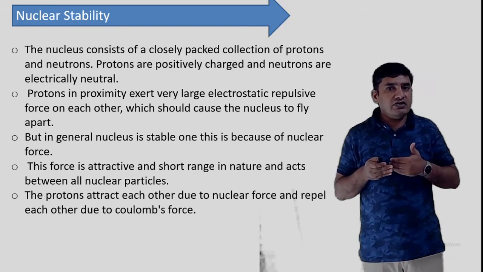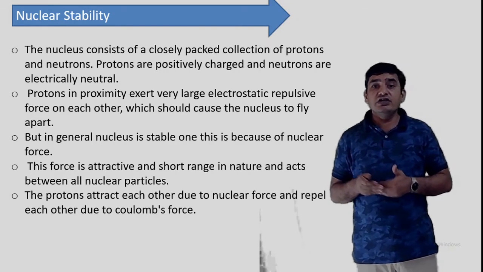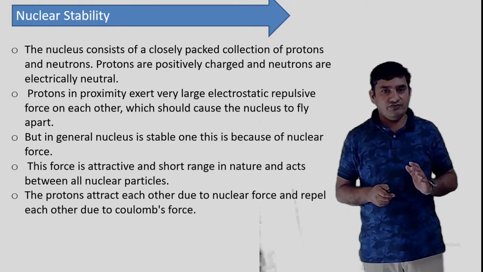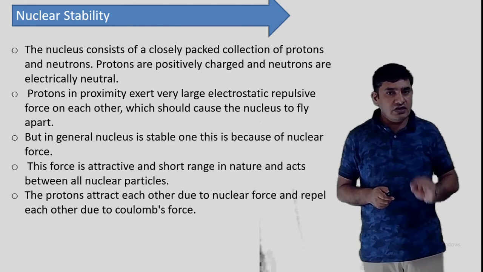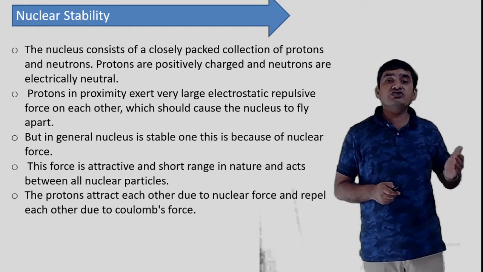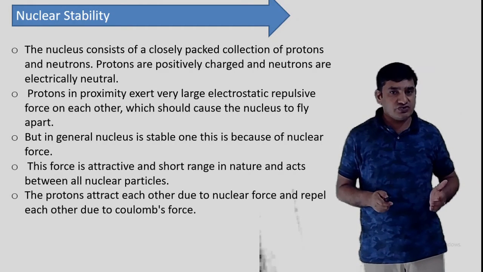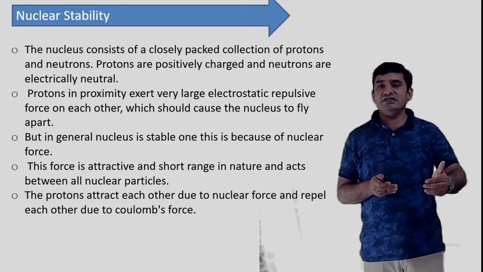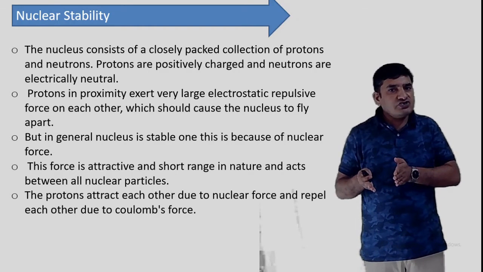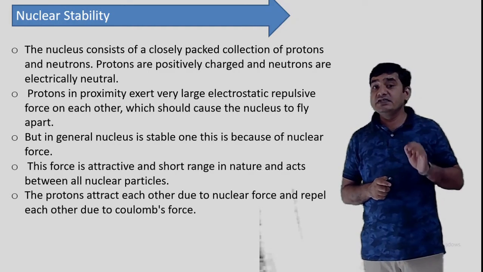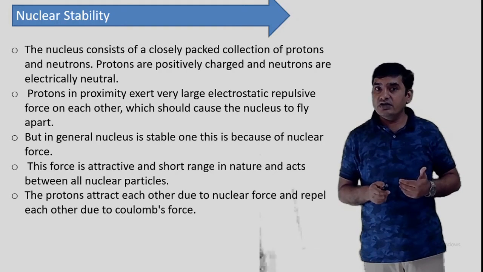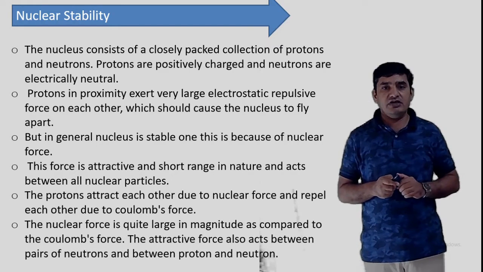The protons attract each other due to the nuclear force and repel each other due to the Coulomb force. If the nuclear force is greater than the electrostatic repulsive force or Coulomb force, then the nucleus is stable. But if the Coulomb force is greater than the nuclear force, then the nucleus is unstable.